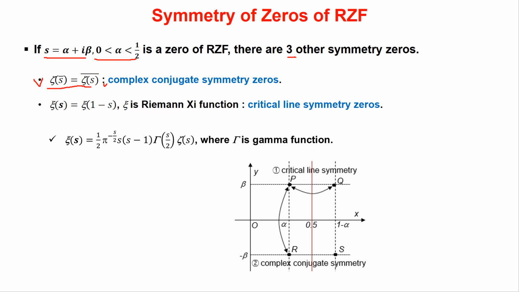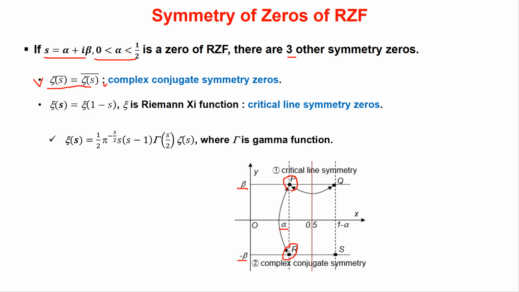In this picture, if P is 0 and R, which is the complex conjugate of P, is also 0, beta and minus beta with the same alpha.